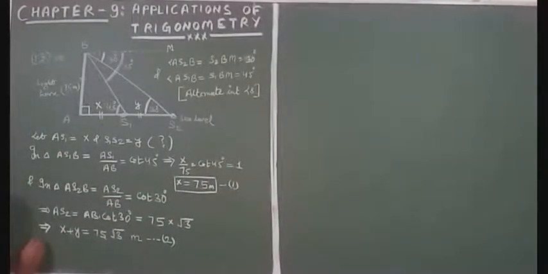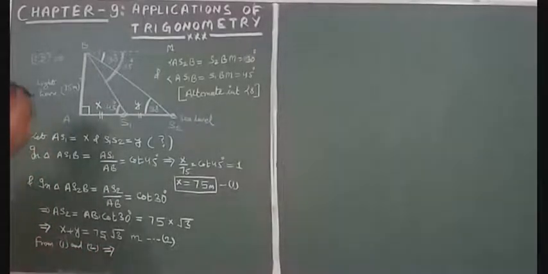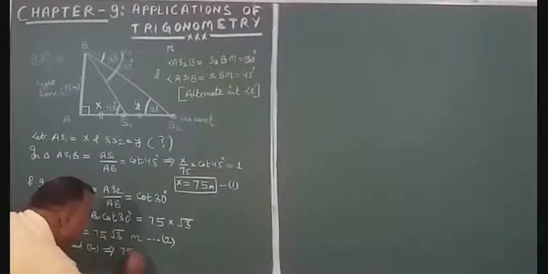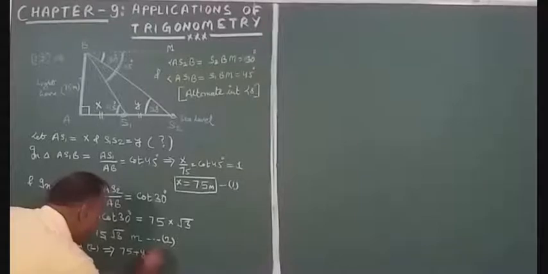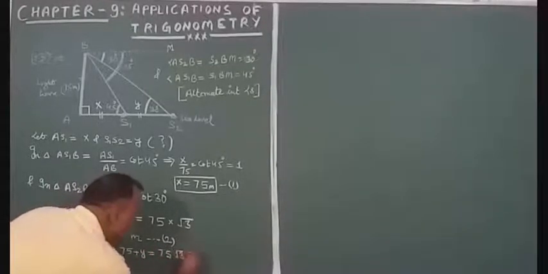From first and second, what will happen? X, yani 75 plus Y is equal to 75 under root 3.